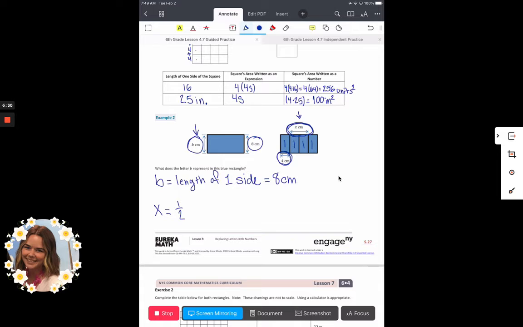So I'm going to say X is equal to 1/2 the length, or 8 centimeters. So we have a couple of different ways to think about what each of these things means. Alrighty, so that's an important part here too, is to make sure we know what our variables are representing.